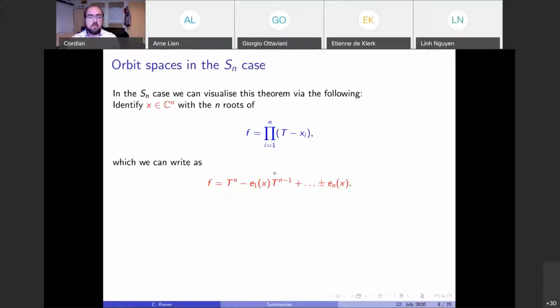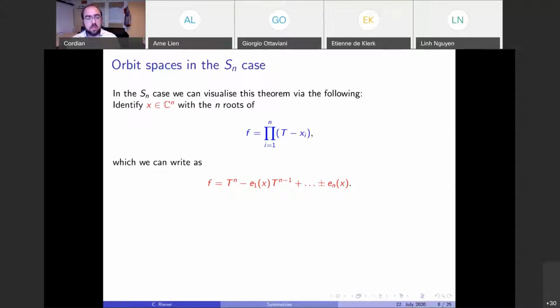So this definition is only unique up to the action of the symmetric group on the coordinates of x. And this is visualized in the other form that we have here, because these elementary symmetric polynomials are called symmetric because they don't change if I have the symmetric group act on them.